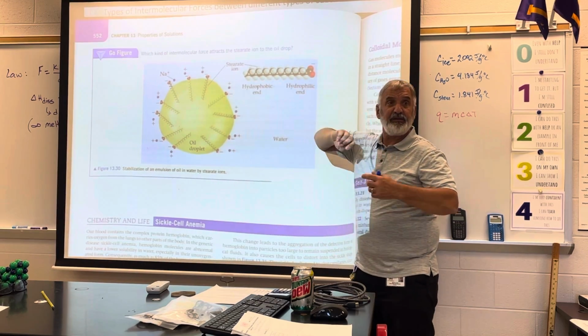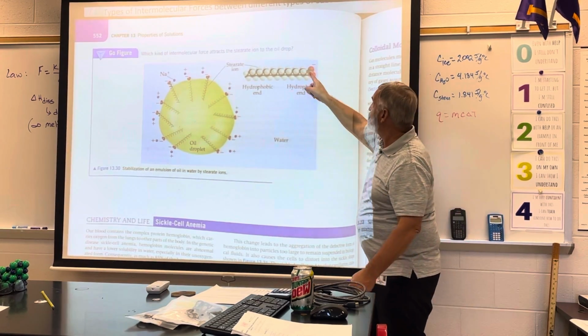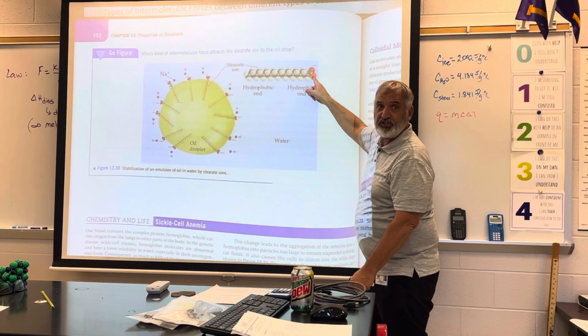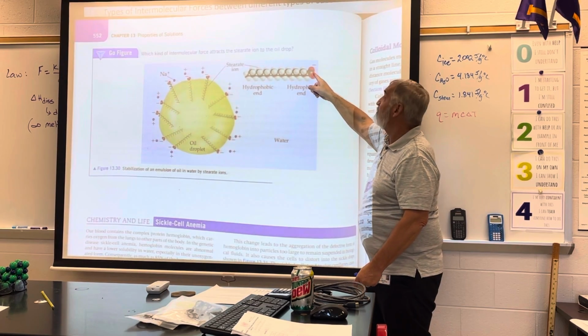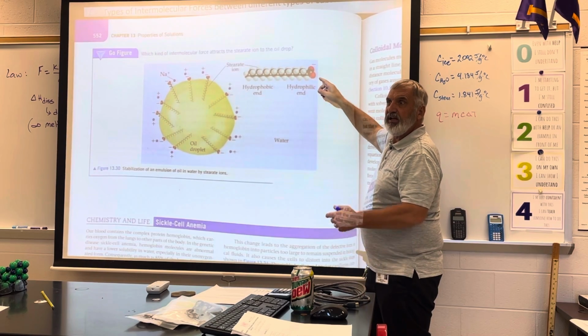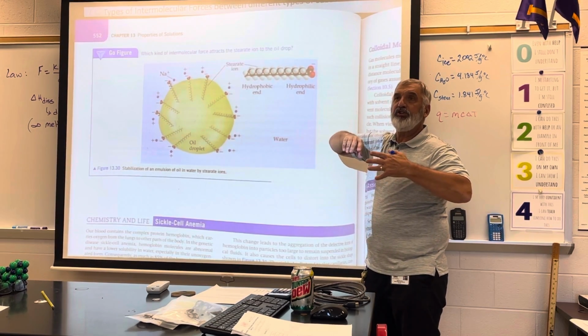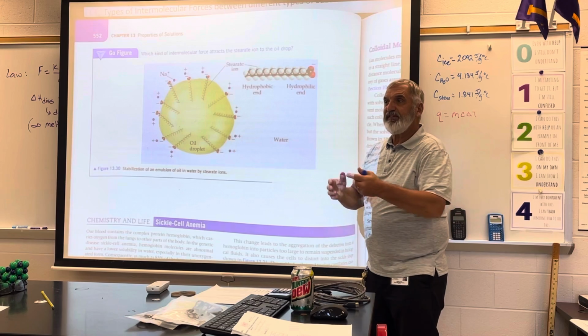The fatty acid is going to be a carboxylic acid. That's a carbon, oxygen, oxygen, a COO, but the hydrogen has been taken off. It's been neutralized.